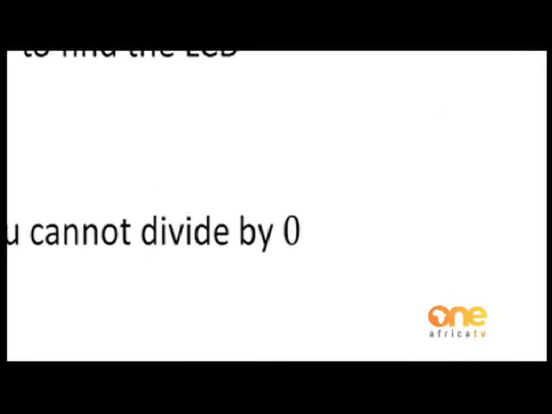We are now going to look at some things that you need to remember when you are solving equations that deal with fractions. So, the first thing, whenever you have equations with fractions, you need to try to find the lowest common denominator. So, that's the first thing that you need to remember.